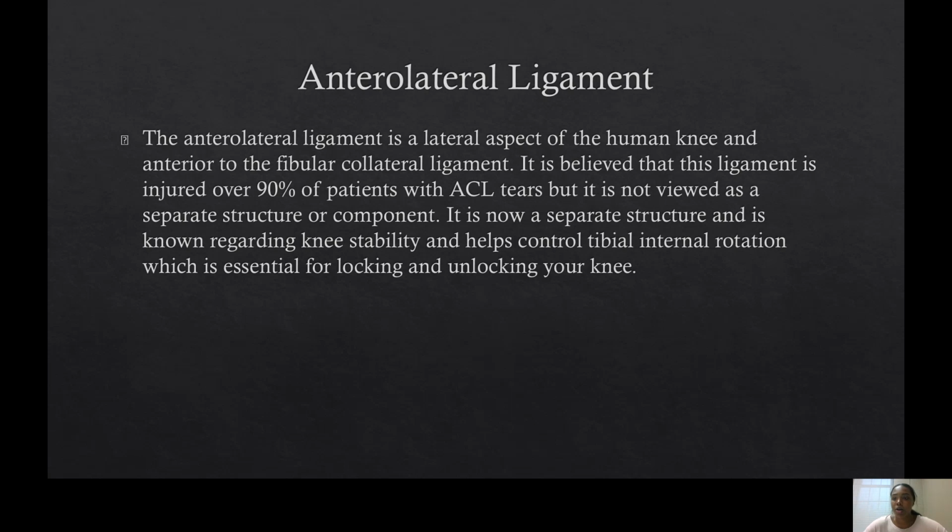But now that it is known as a separate structure, after looking more in depth into these patients who suffer from these tears, it is known to be responsible for knee stability and helps control tibial internal rotation, which is essential for locking and unlocking your knee.